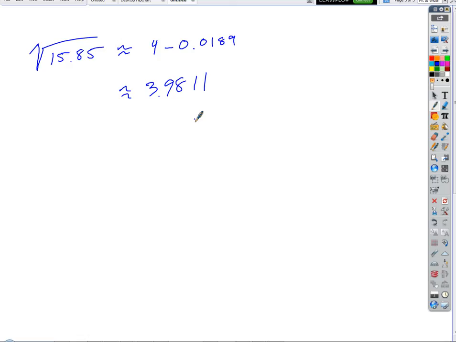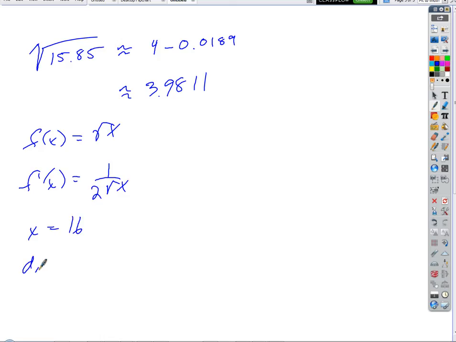Okay, so what's the function here? Square root of x. So f prime of x is what? Okay. x equals 16. Good.